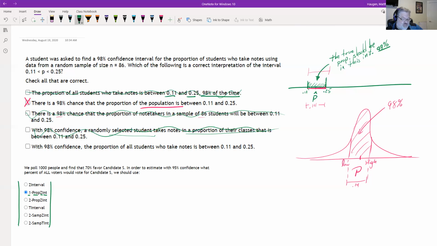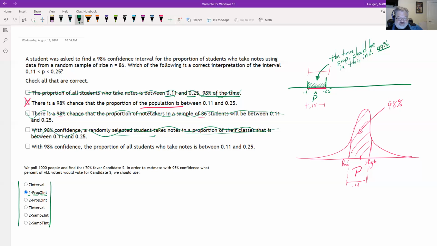Well, that kind of depends on what the population is in this event. A student was asked to find a confidence interval for the proportion of students who take notes. So saying the proportion of the population, well, what's the population?